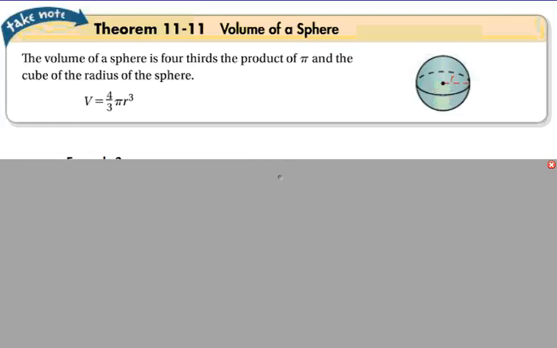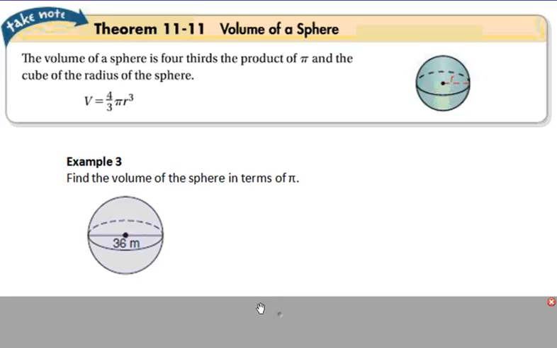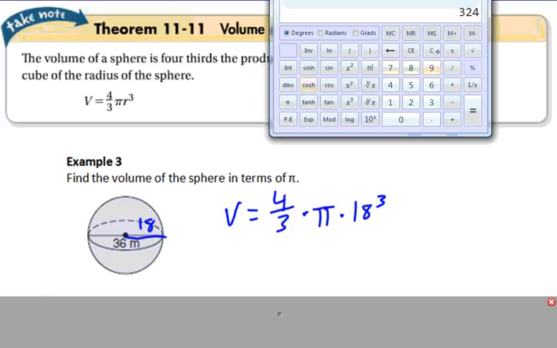That's the simple formula. So if we use it for the same example in example 3, again, our radius is 18. So our volume would be 4/3 times pi times r cubed, which is 18 cubed. I'm going to pull up the calculator and figure out 18 times 18 times 18.